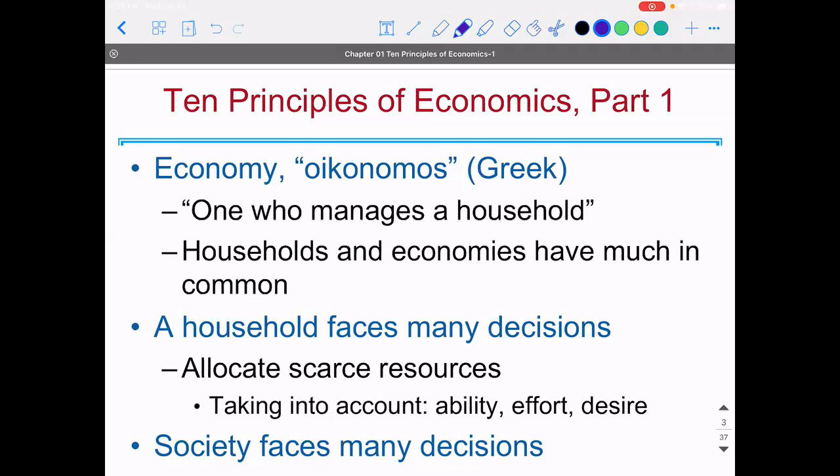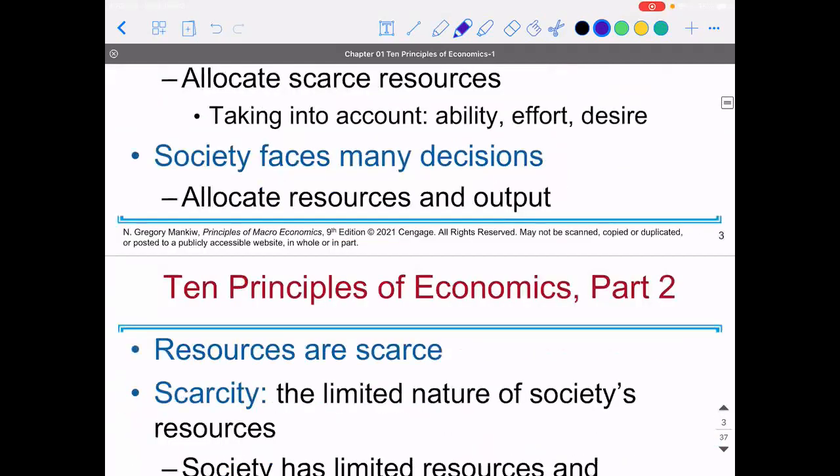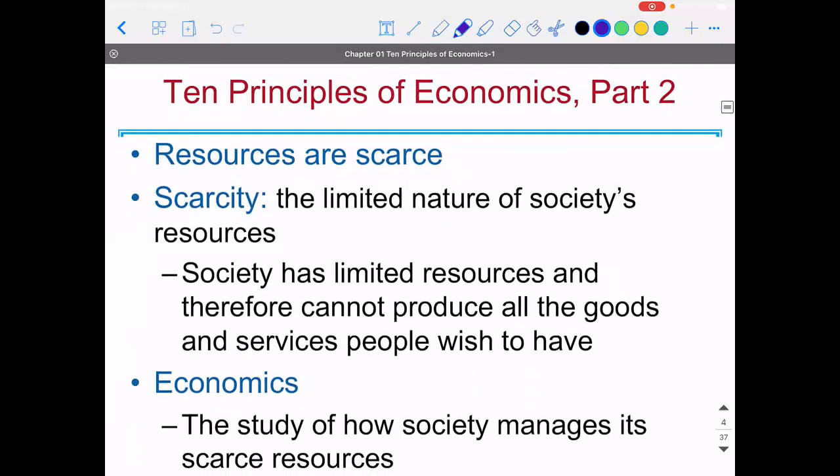And so, writ large, meaning for societies as a whole, these same decisions have to be faced. Even though I don't engage in production at the home, I do decide how many hours I'm going to work. And even my wife and I decide who's going to do the work. Well, in our case, we both have a job. Neither of us is independently wealthy.